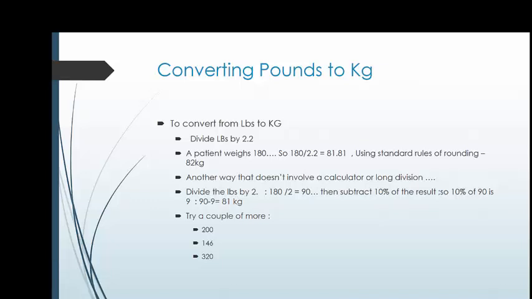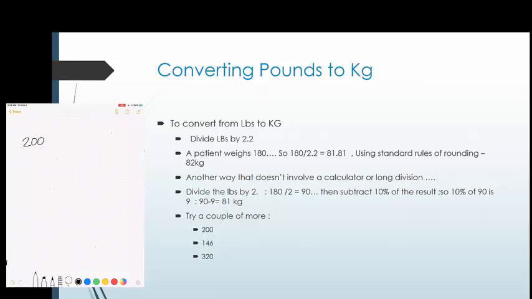Now let's try a few more using that method. Let's look at 200. Half of 200 is 100. 10% of 100 is 10, so we're going to take away 10. So 100 minus 10 is going to be 90. Next one, 146. 146 divided by 2 gives you 73. 10% of 73 is 7.3.